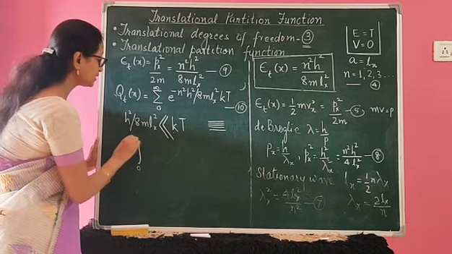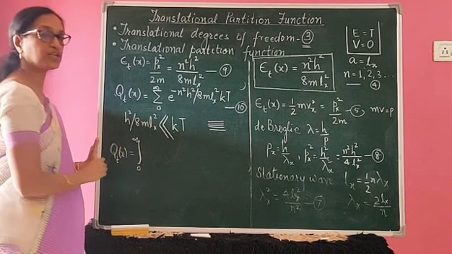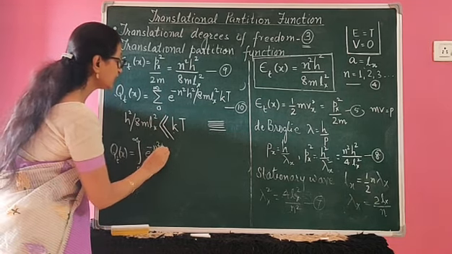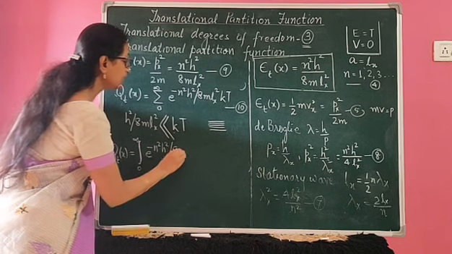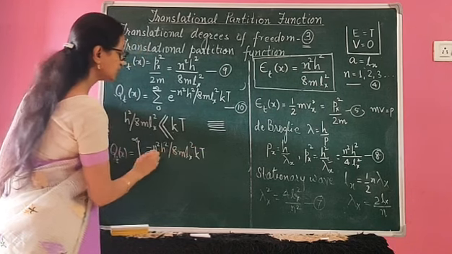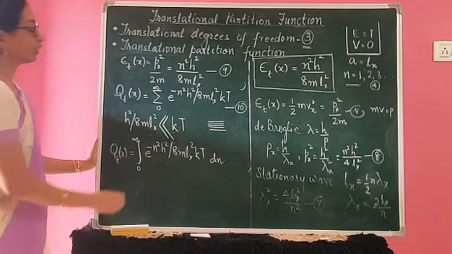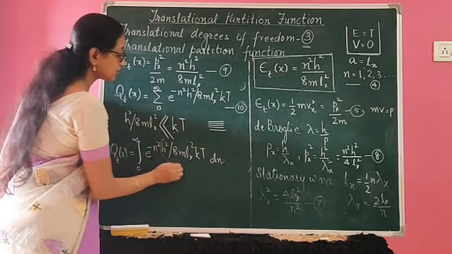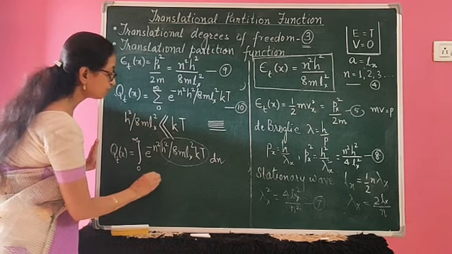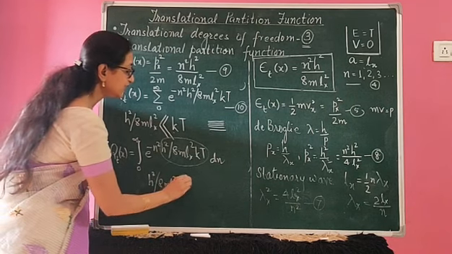So we will replace summation by integration. We will have e to the power minus n square h square upon 8m Lx square kT, and here the integration will be with respect to n. Now here these terms are constant for a given particle. So we can write h square upon 8m Lx square kT as a single term.